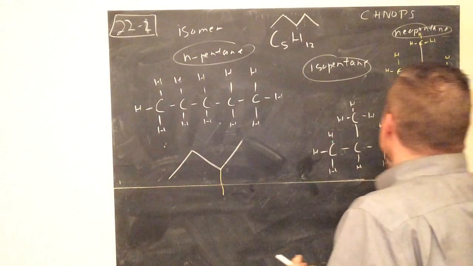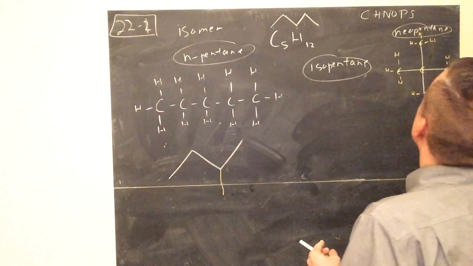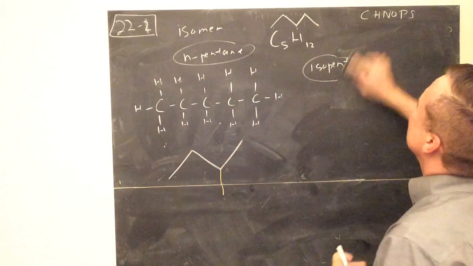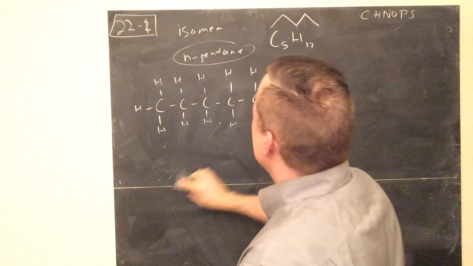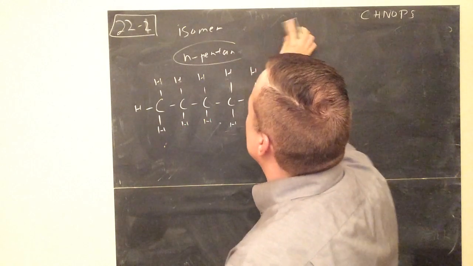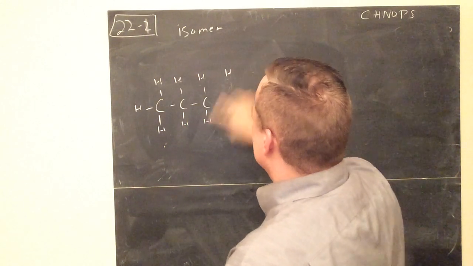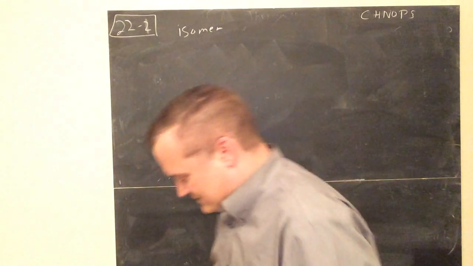Here is something that I've always wondered, and the teacher before me always thought, I wonder if AP's ever going to do this. Could they ever give you a question like this?